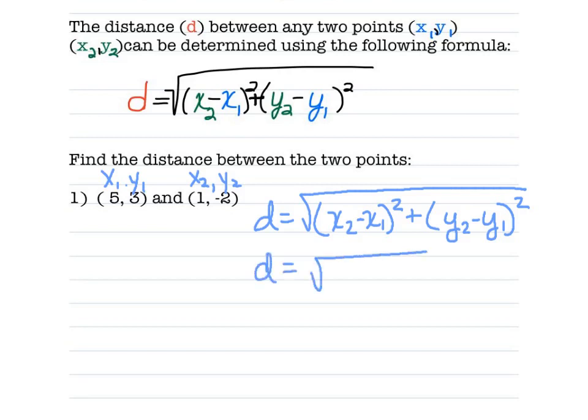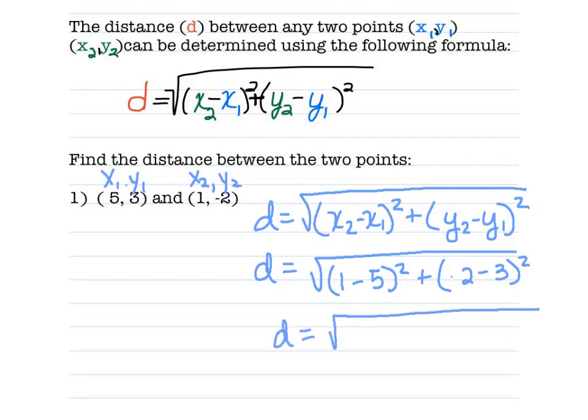Distance equals the square root of x2, which is 1, minus x1, which is 5, squared, plus y2, which is -2, minus 3, which is y1, squared. Now I need to simplify. Distance equals the square root of 1 minus 5 is -4, -4 squared is 16, plus -2 minus 3 is -5, -5 squared is 25.